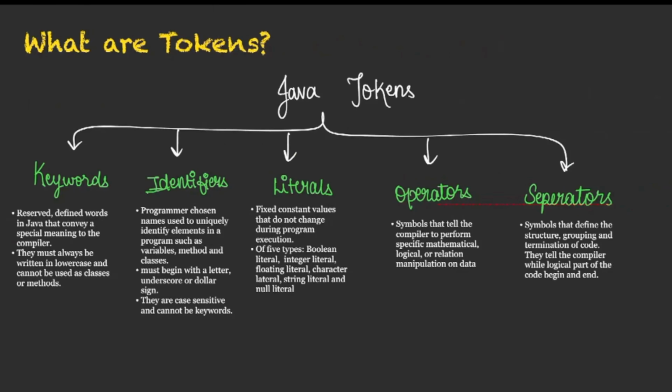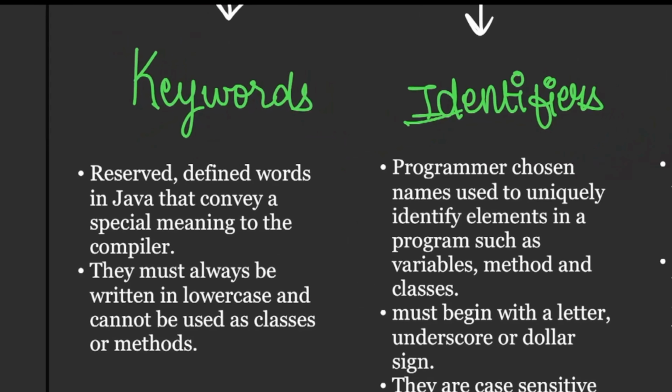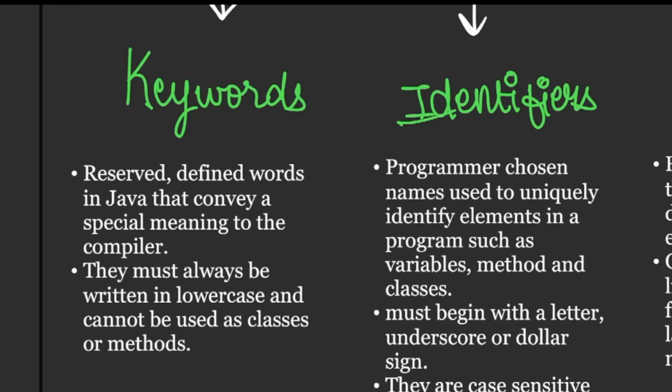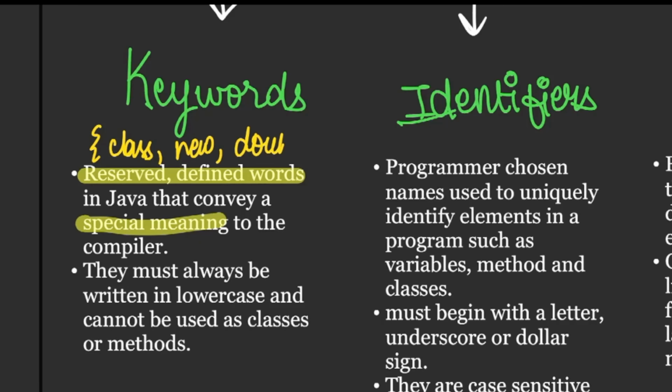Now, in Java, we have 5 different types of tokens: keywords, identifiers, literals, operators, and separators. Let's first begin with keywords. Keywords are reserved, defined words in Java that convey a special meaning to the compiler. For example, class, new, double, float, etc. are specific words that have a meaning already stored in the compiler.